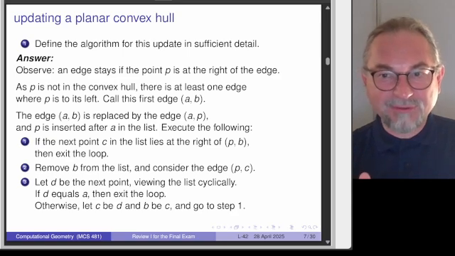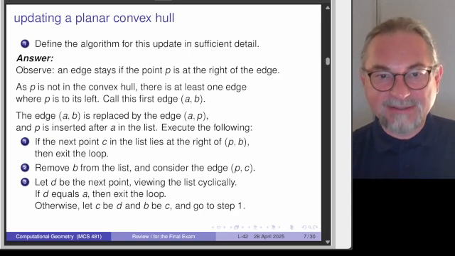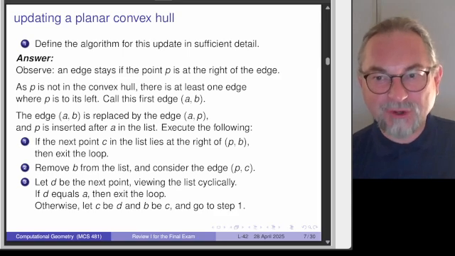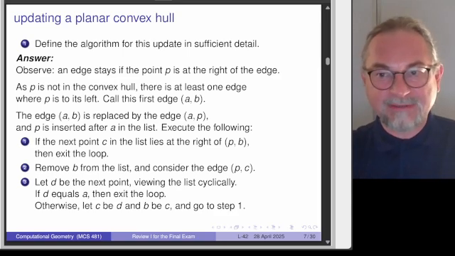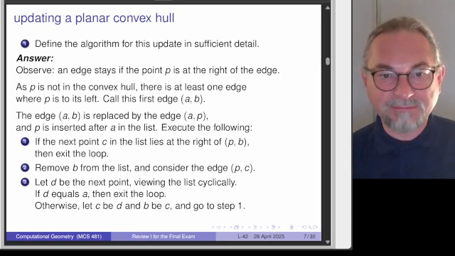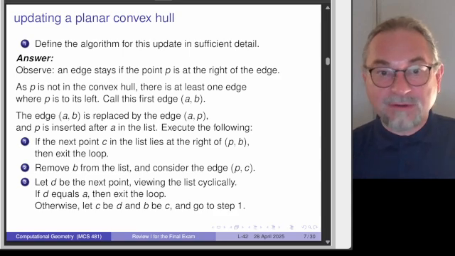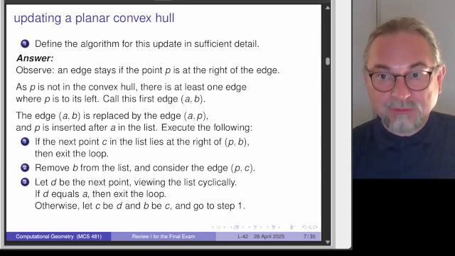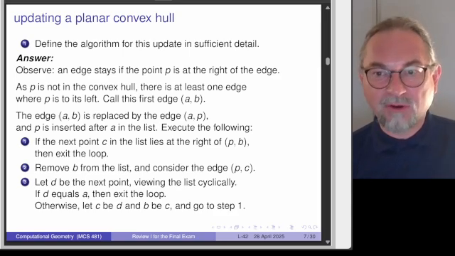And the point that is inside the convex hull is always at the right side of the edge. So if the point is at the right side of the edge, then that edge is good. And that's also one way to decide whether a point is inside the convex hull or not.